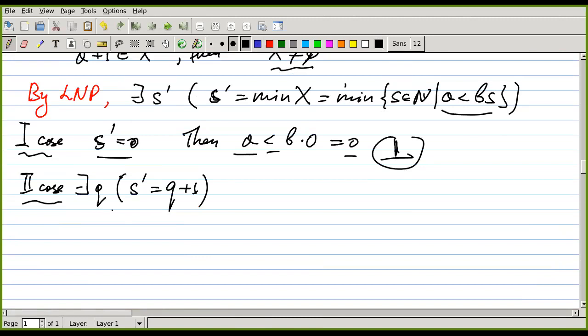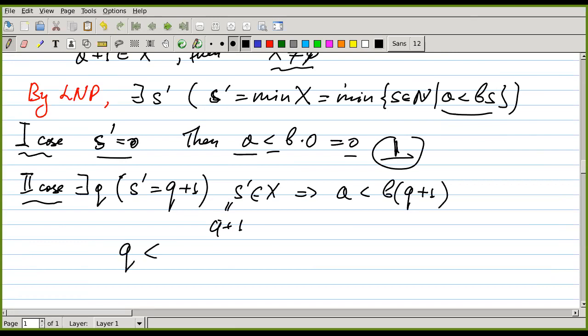What do we have? You know that s prime belongs to X, and s prime is q plus 1. It belongs to X, so a is less than b multiplied by q plus 1. But what do we know about q? q is less than s prime.